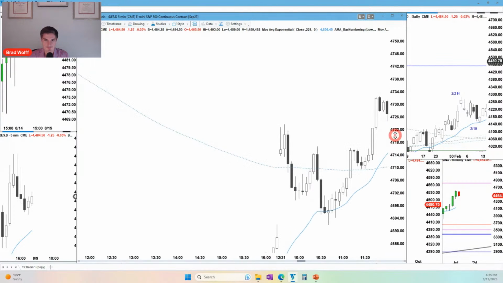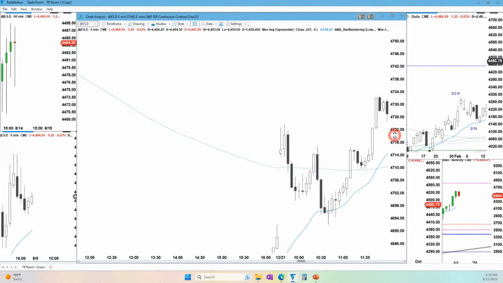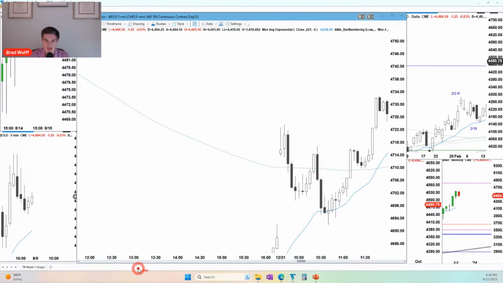So why is this? Let me see if I can do this. So here is an example. This bar right here where I'm drawing, what is that? That's a sell-off. The market went down. And what's this bull bar? It's a rally. The market rallied.